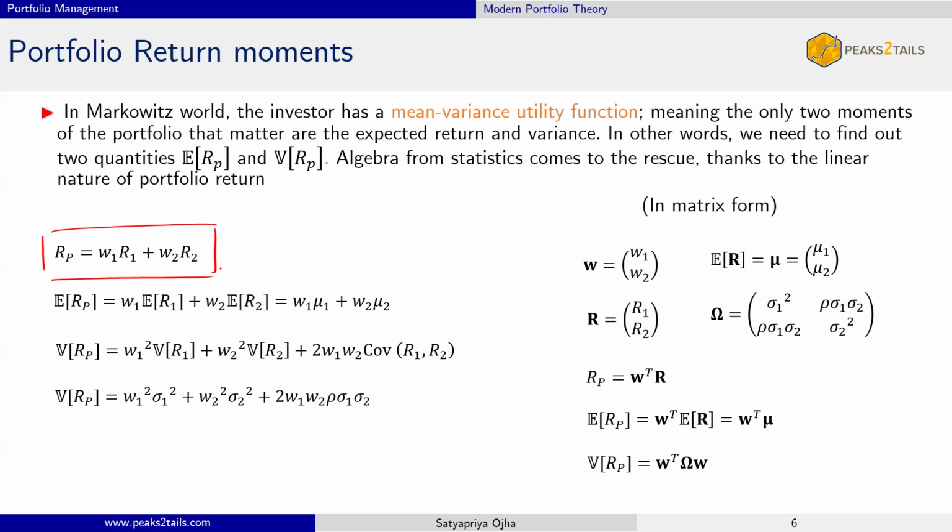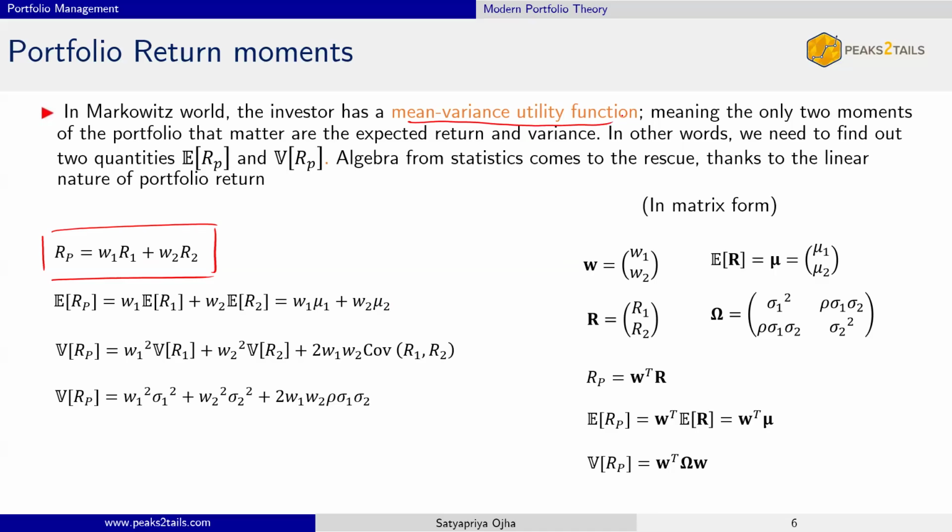Well, it depends on the investor's utility function. So this has a lot to do with financial economics. We'll talk about utility functions later on. But when we say investor has a mean variance utility function, that means all that investor cares about is the mean and the variance. Okay.